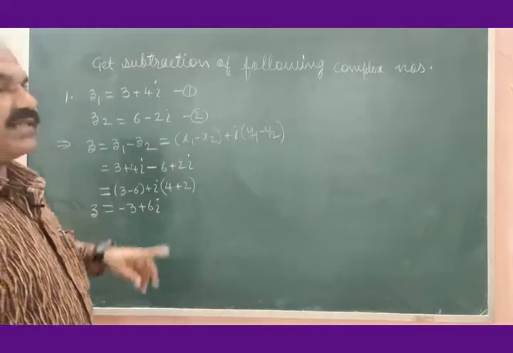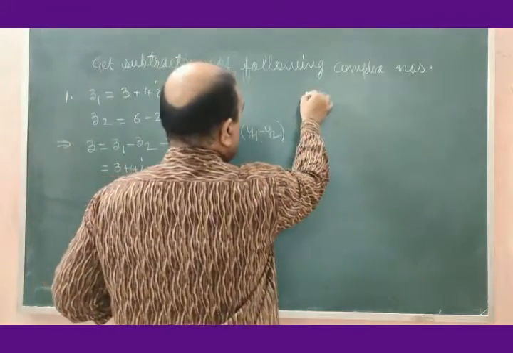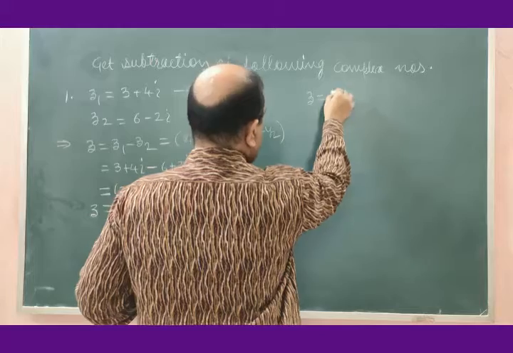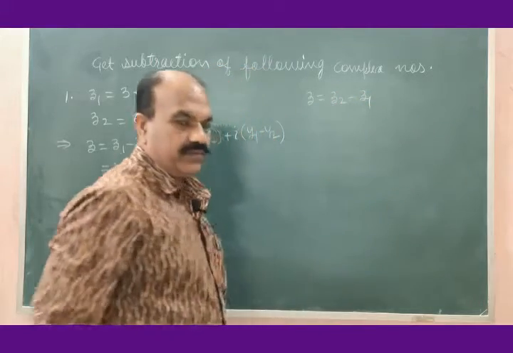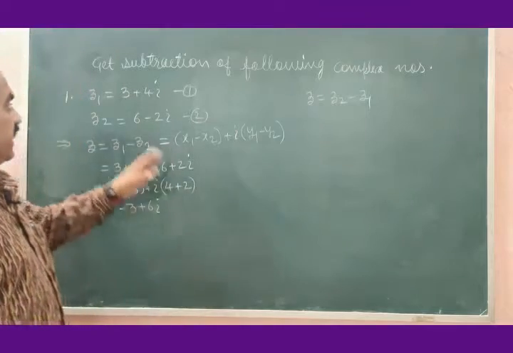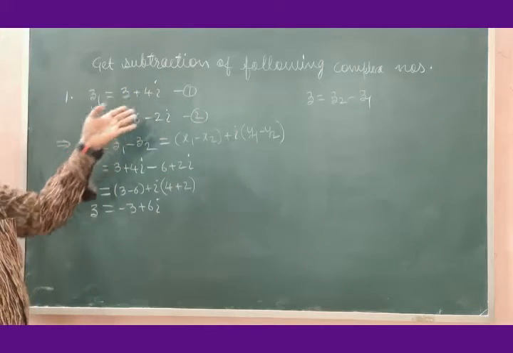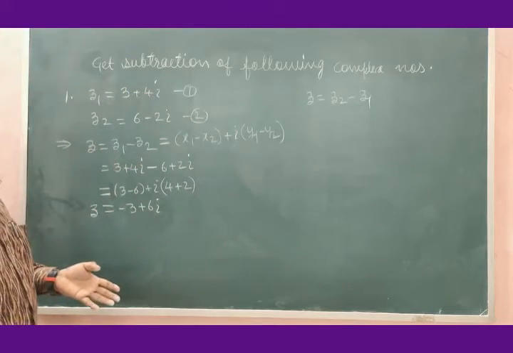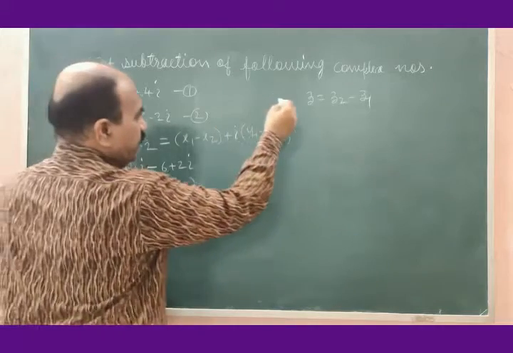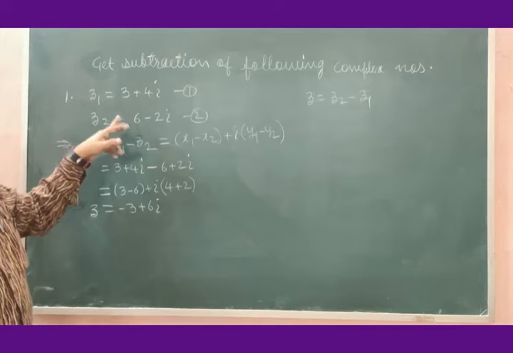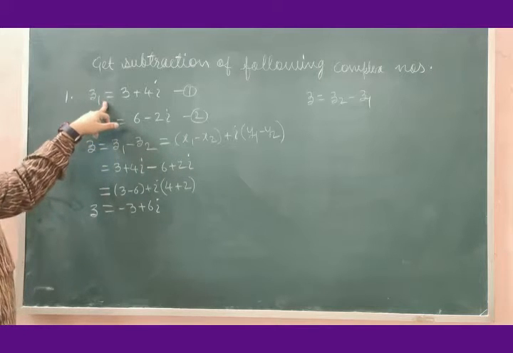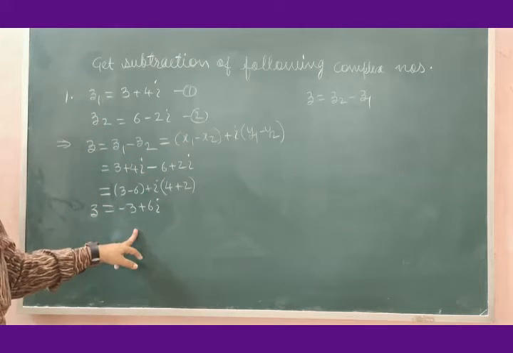The same subtraction can be done this way. Z is equal to Z2 minus Z1. Here you are asked to subtract the second complex number from the first, and the answer will be this.